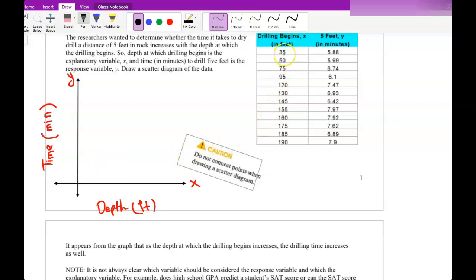Now let's see what points we have. On x, the lowest one is 35, and that goes up to 190.